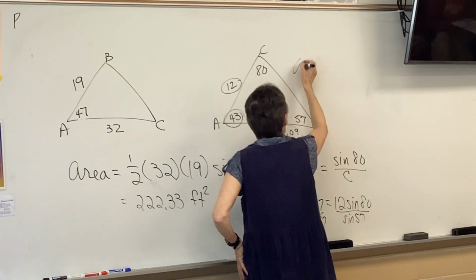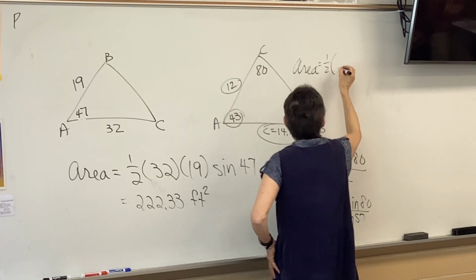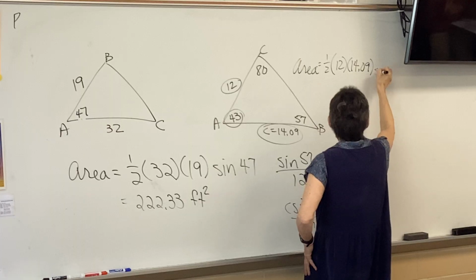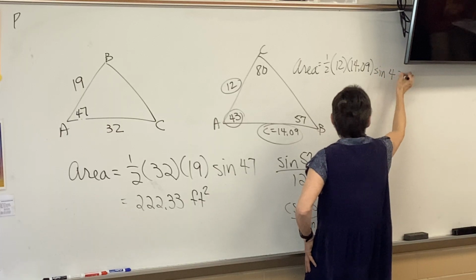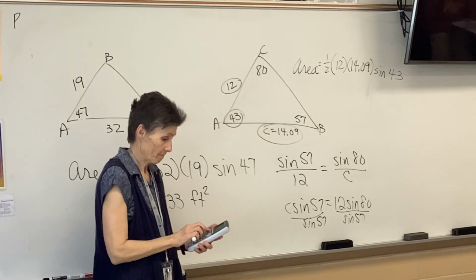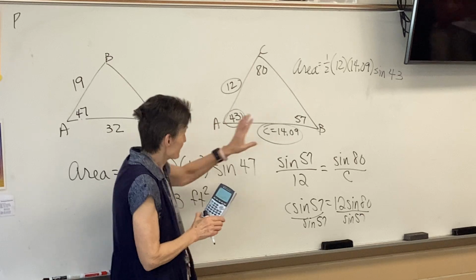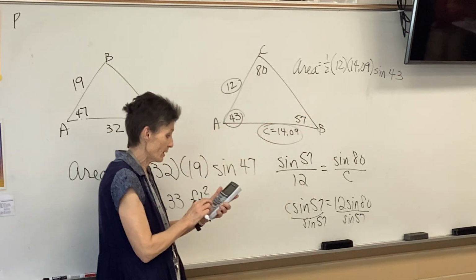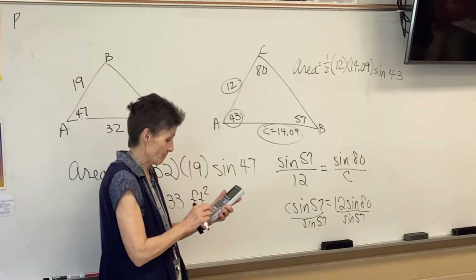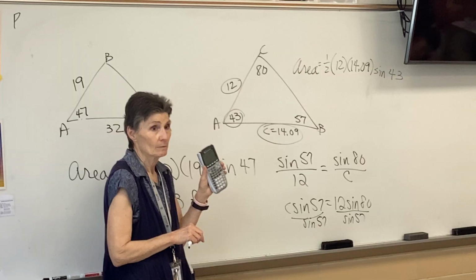So my area is gonna be 1/2 my two sides times the sine of 43. Now, a little favor with you: instead of retyping in the 14.09, isn't that the last thing on your screen right now?